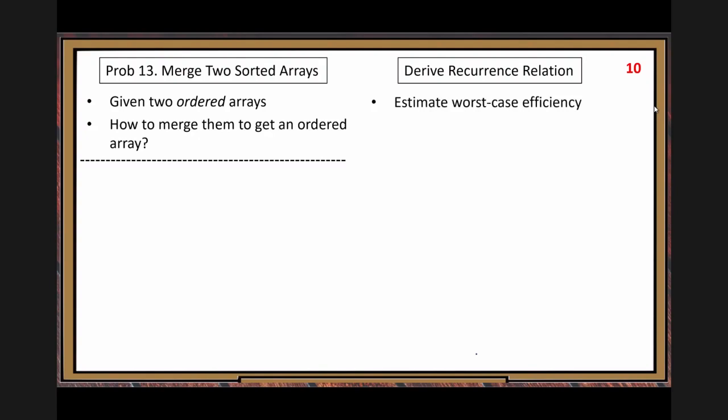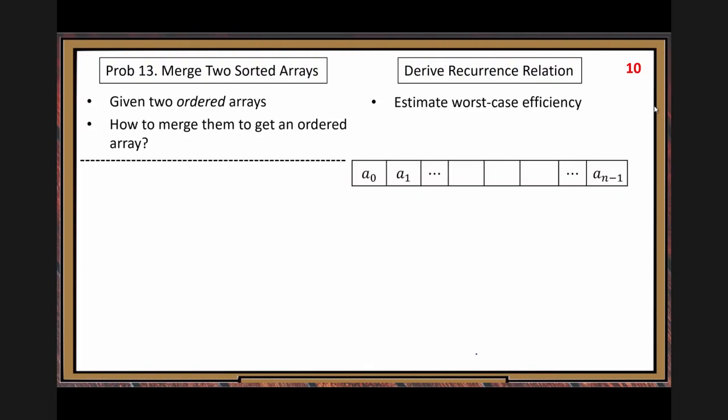Based on the worst case efficiency. We start with this array, a general array. Let's assume the total number of comparisons to solve this whole array is capital T function, T of n.